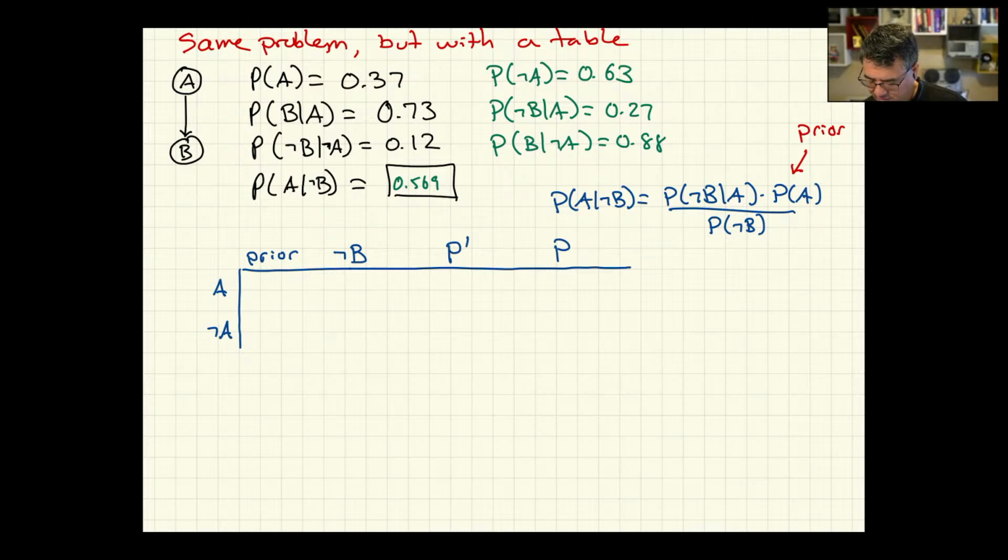Okay, in the prior column, I'm going to put the probability of A and the probability of not A. In the next column, I'm going to put the probability of not B given A. So it's kind of like the intersection of these two variables, not B and A. And below that, I'm going to put the probability of not B given not A. I'm going to multiply those together, and I'm going to get a number here, and a number here.